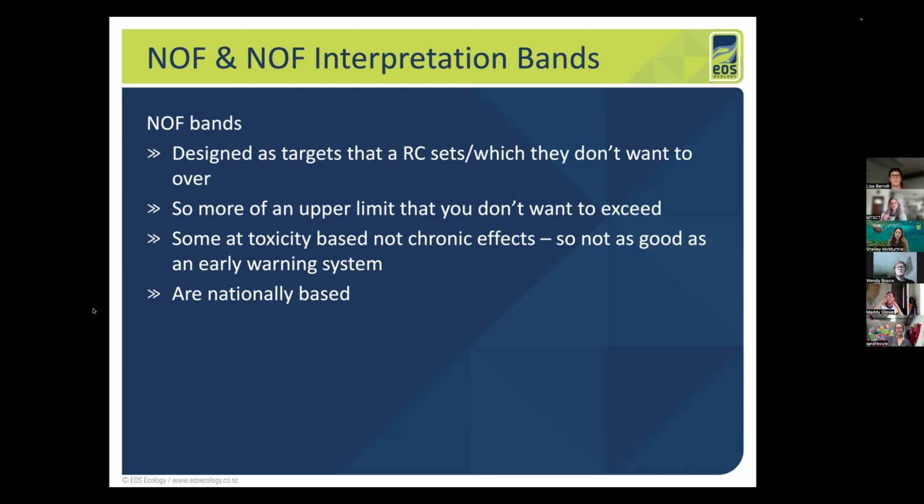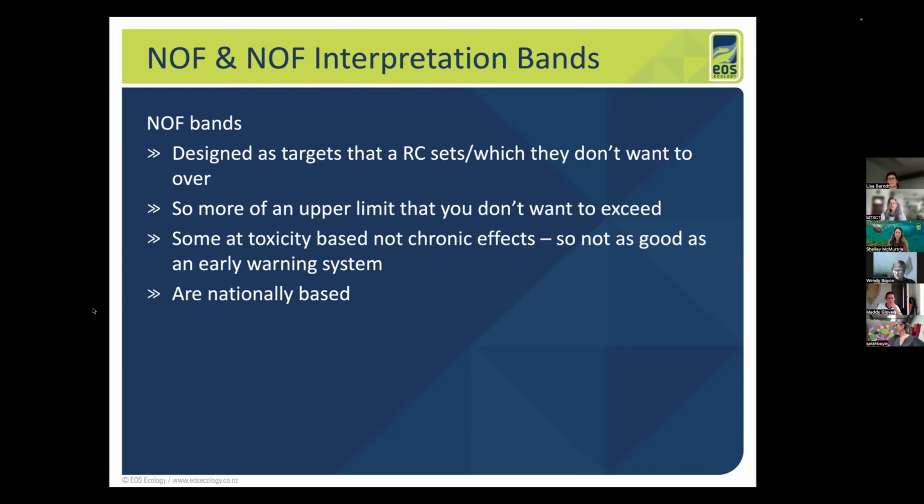Also, some of the attribute bands are actually based at the toxicity level, not at the trophic level, so effectively not looking at those chronic effects. So they're definitely not worthwhile using as an early warning system. If you're exceeding those poorer bands for ammonia toxicity and nitrate toxicity, things are pretty dire.